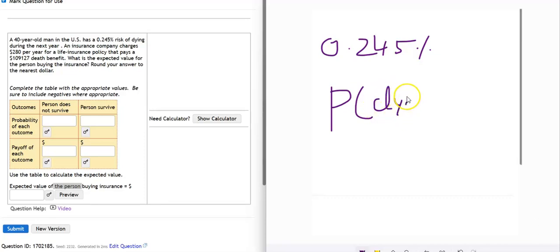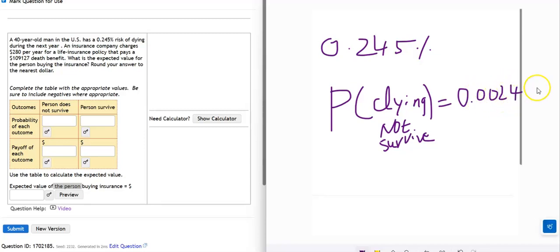Dying pretty much means not surviving, right? Not surviving is this much percent. But notice that in probability, you change this percent to decimal, which is 0.00245. That's the probability of dying.